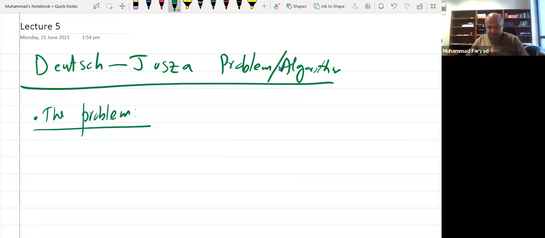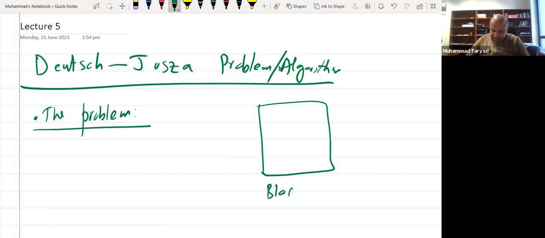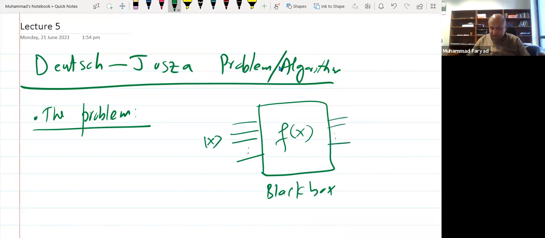The problem is this: you have a black box that implements a function f of x. If you give some input x to this, you get f of x on the output. And f of x is of only three types.